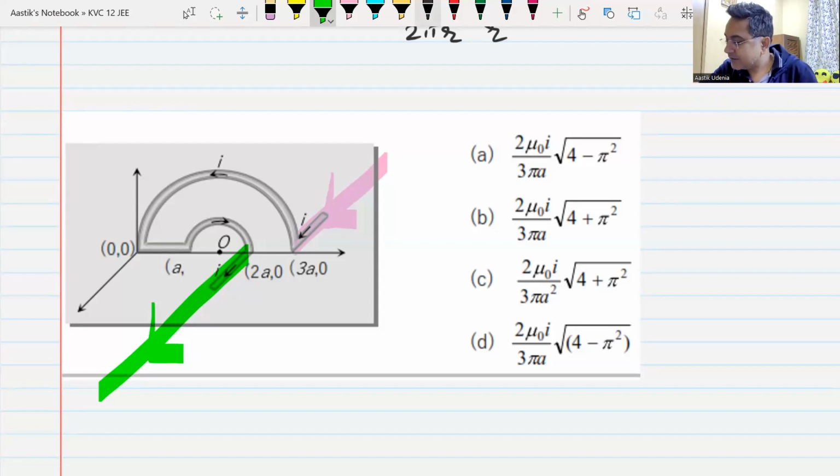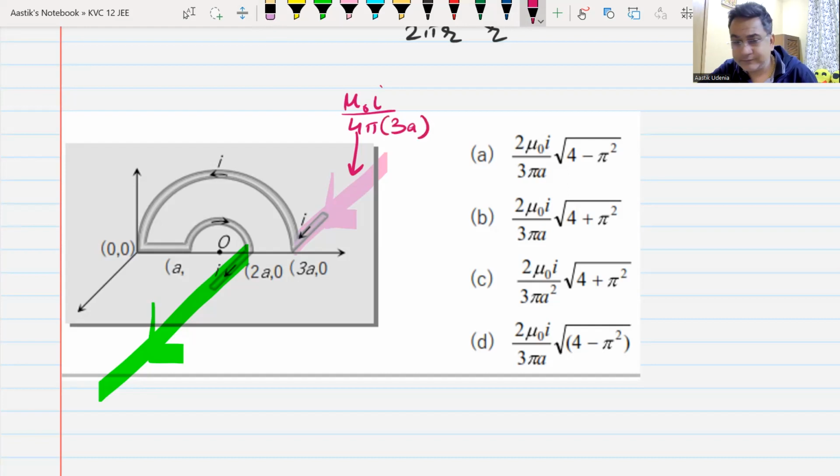Okay. What is the field due to this wire? Tell me fast. Field due to this wire: mu naught I by 4 pi r. Yes or no? Semi-infinite wire. What is r? How much is r? 3a?